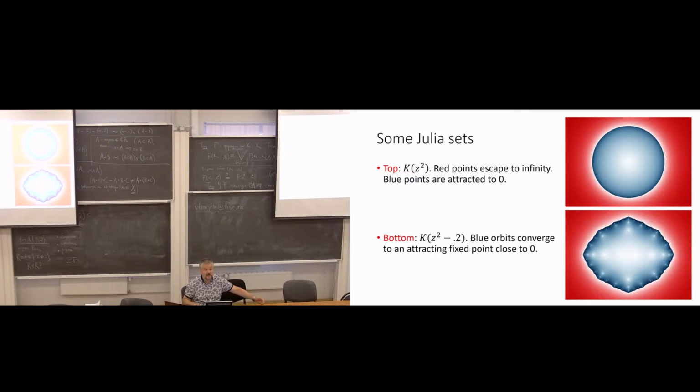All orbits that originate outside the unit circle escape to infinity super exponentially fast. Now the only interesting thing happens with points exactly on the unit circle, and these points stay on the unit circle. And the dynamics is rather basic and simple.